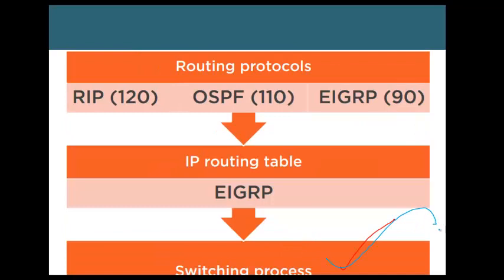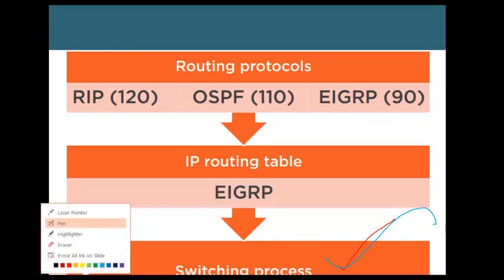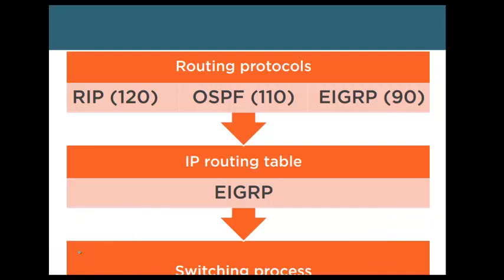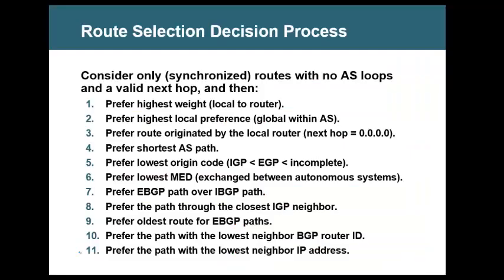Alright, that's all the new story which I added for you in this BGP presentation. Now let's go back to the BGP topic. See, this is the order in which the attributes are going to be evaluated. The route selection decision process will be based on this.